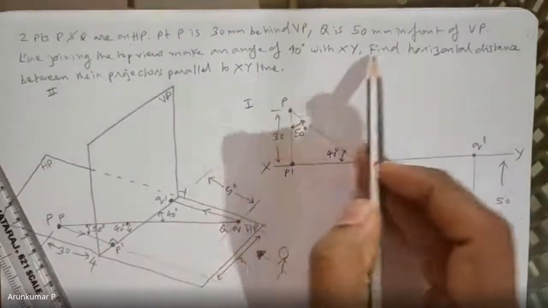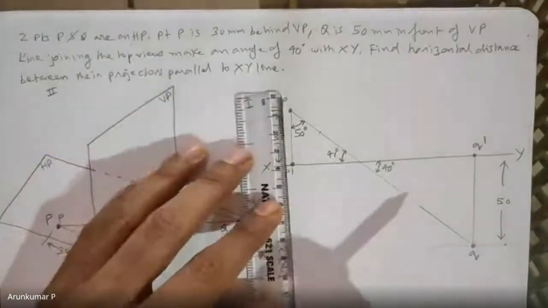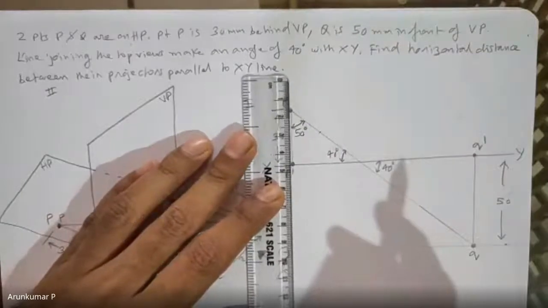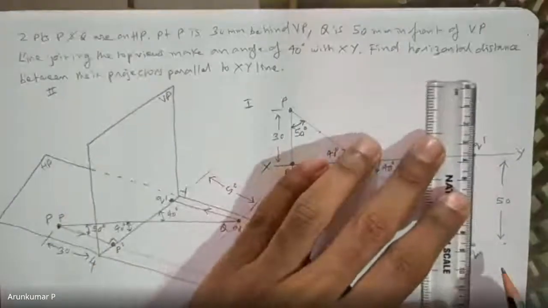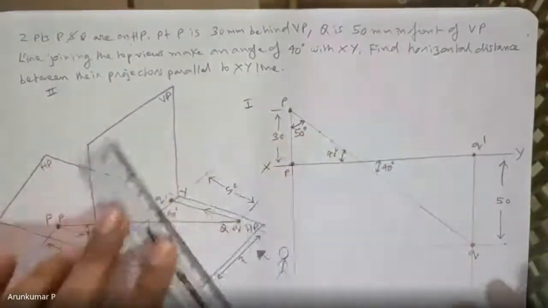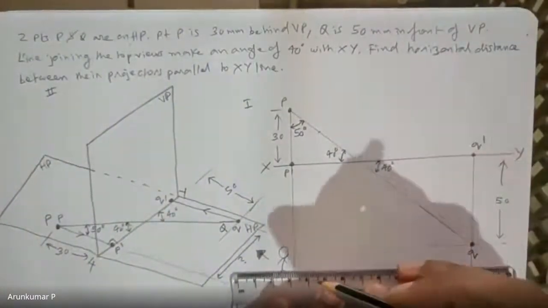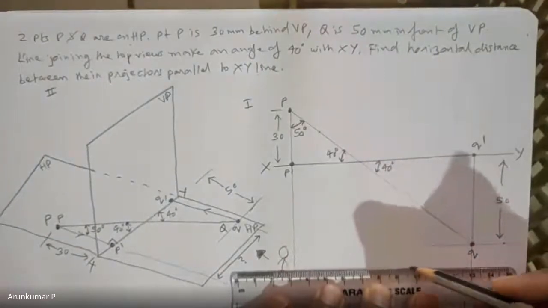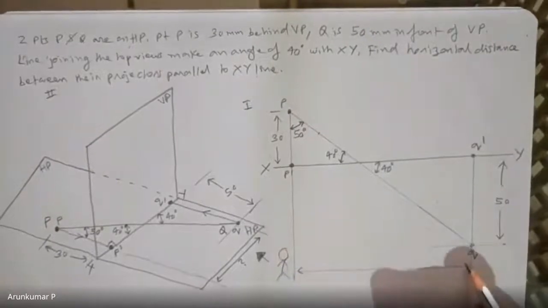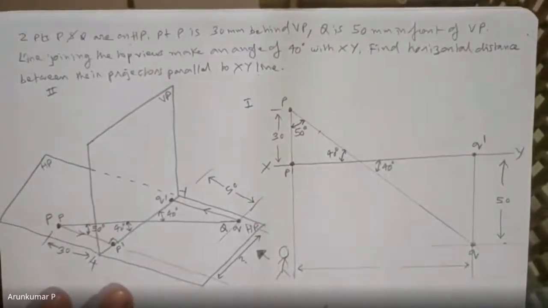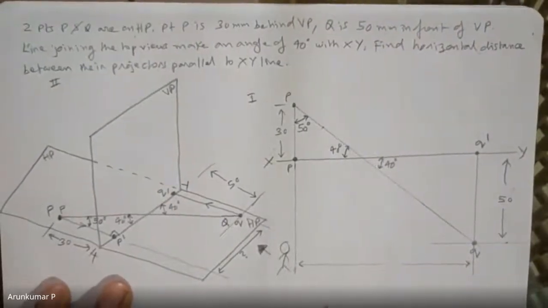Now you have to find the horizontal distance between the projectors parallel to XY line. So what you want is this distance.